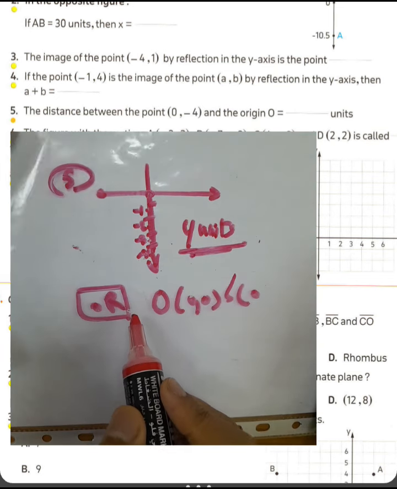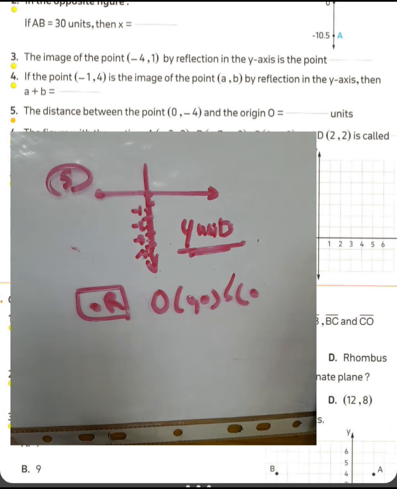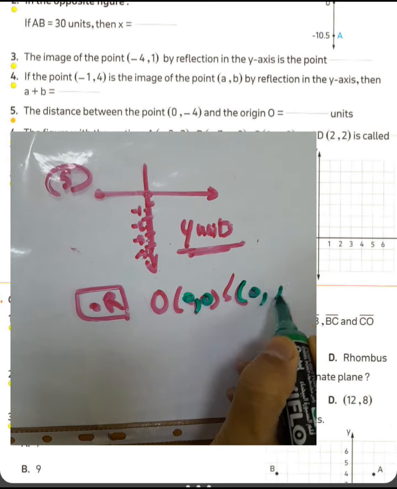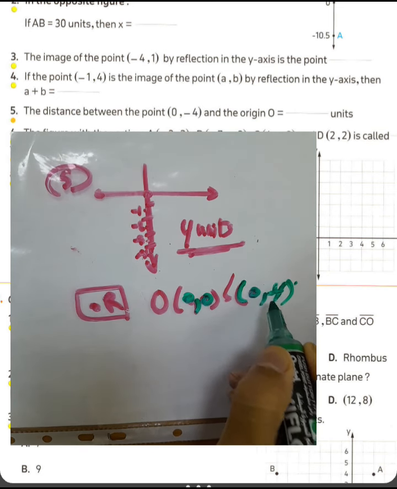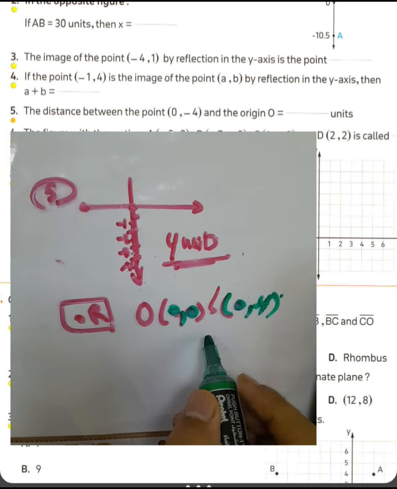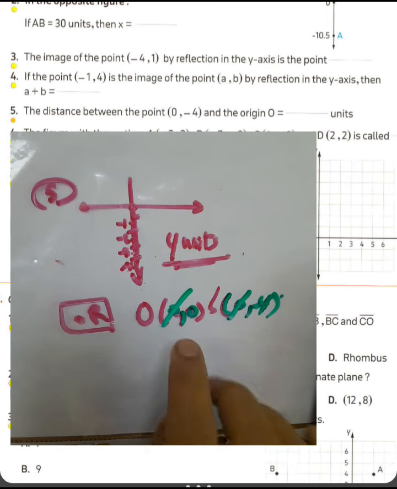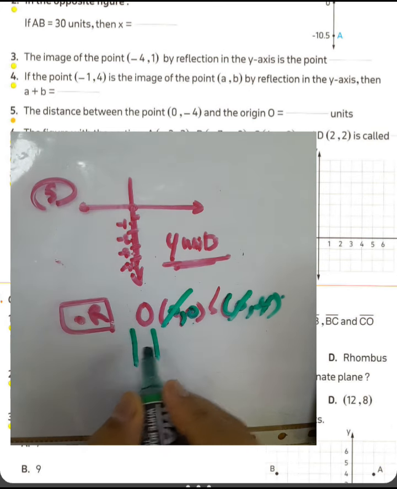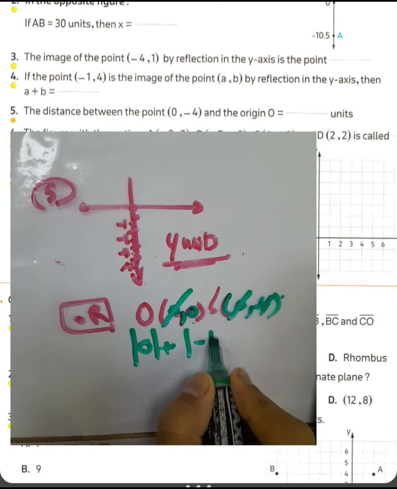Or you can solve this example by another method: cancel the similar projection. First was 0 and second 0, and first here 0 and second was negative 4. To find the distance between them, you must cancel the similar projection. The first projection is similar, cancel them, and then find the absolute value of the first plus the absolute value of the second.